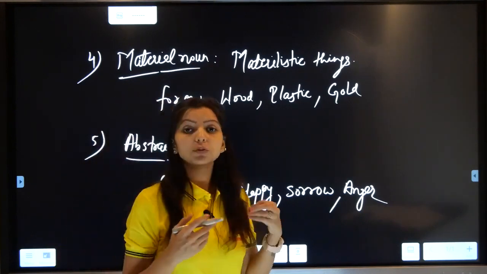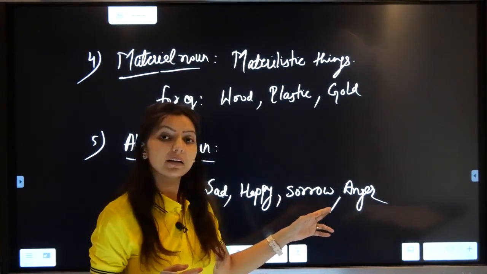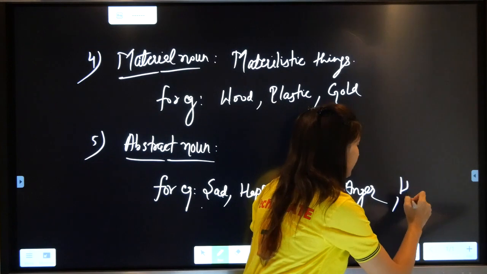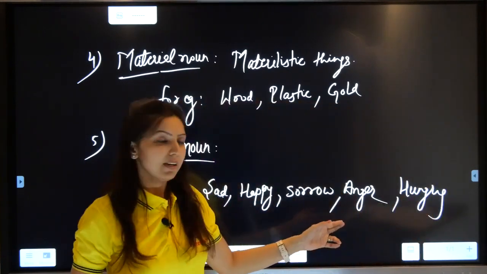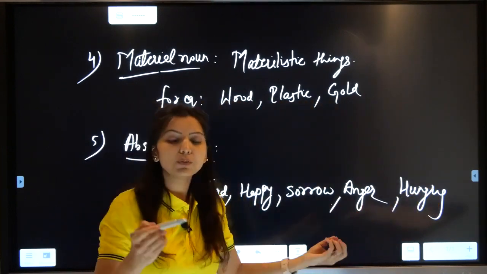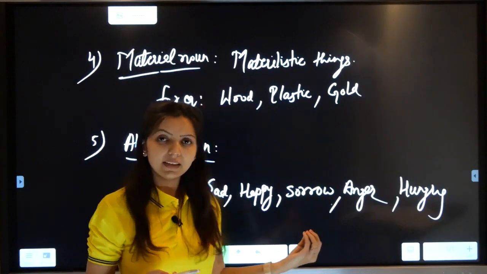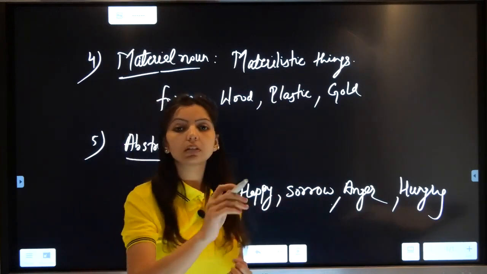Likewise, if you have not had your lunch or dinner or breakfast and it's too late, then you will be hungry. At the same time, if you do not get something which someone promised you, you will be angry. So these are the feelings which you can feel, which you can sense, but you cannot touch physically.